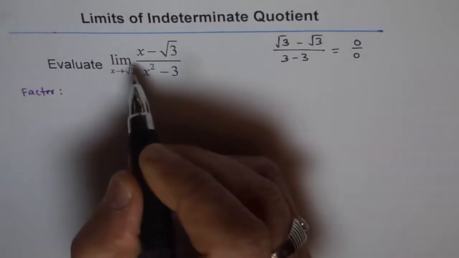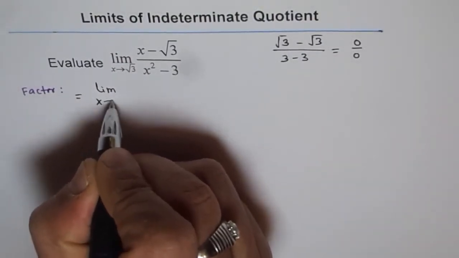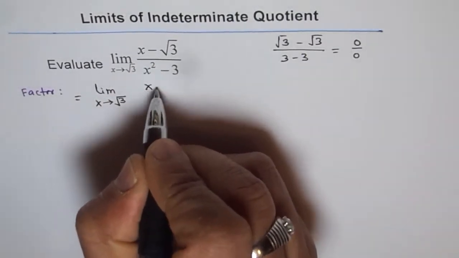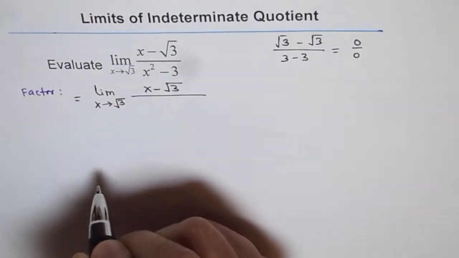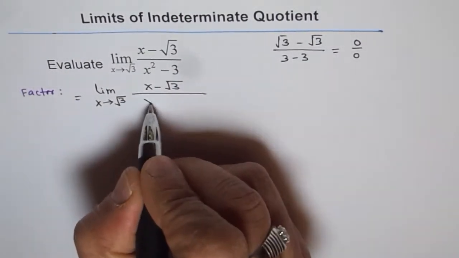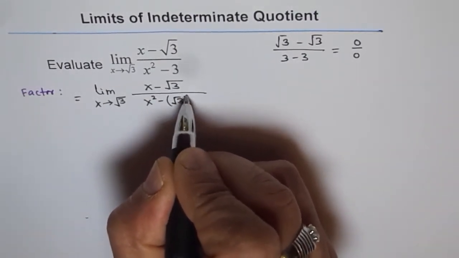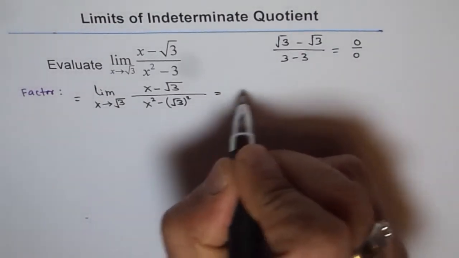If we factor, we can write this as the limit as x approaches square root of 3, and in the numerator we have x minus square root 3, and the denominator is a difference of squares. How? We could write this as x squared minus square root 3 squared, correct? So it becomes a difference of squares, and therefore we can factor this.